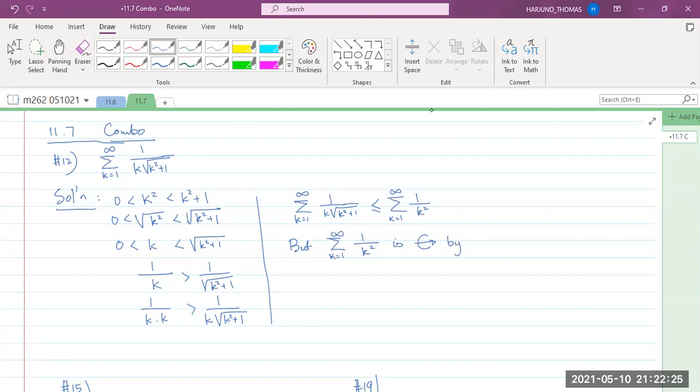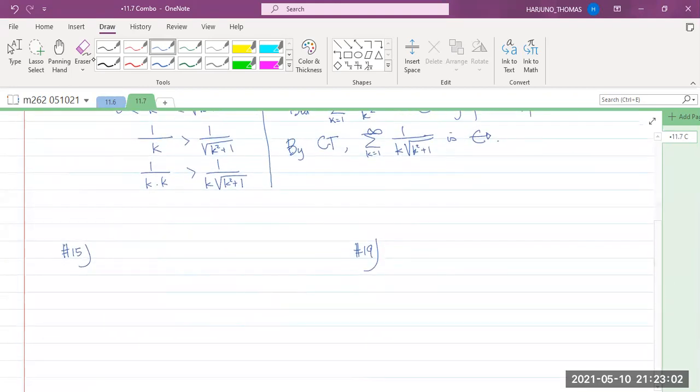It's a p-series, p equals 2. So by the comparison test, the original series that we talk about is convergent. Please be explicit again. That's for number 12.